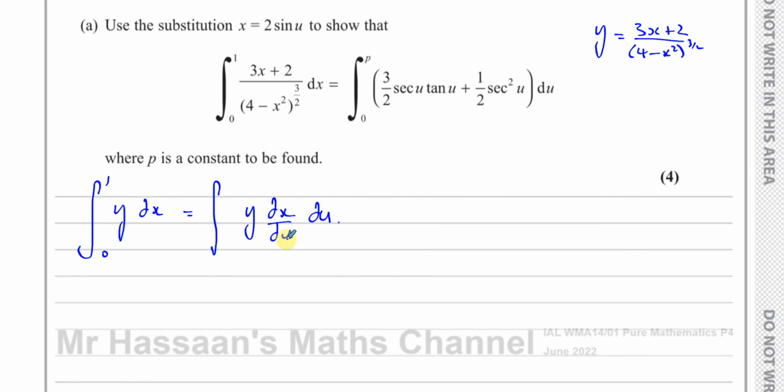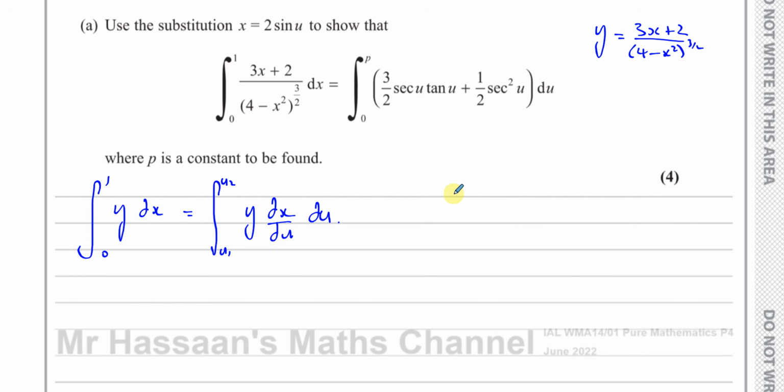You can think of the du's cancelling out. But because now I'm integrating with respect to u, I have to change the limits. So I'm going to call these u1 and u2. The limits have to be in terms of u. You have to integrate everything with respect to u. So the y has to be replaced, all the x's have to be replaced by u's, and the dx/du must be written in terms of u, along with the limits.